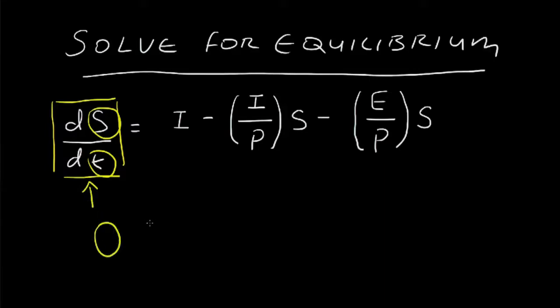If we set that side of the equation to 0, then on the right side of the equation, we are basically trying to solve for S. We want to know the number of species that would occur at an equilibrium state when there's no change from one time period to the next.